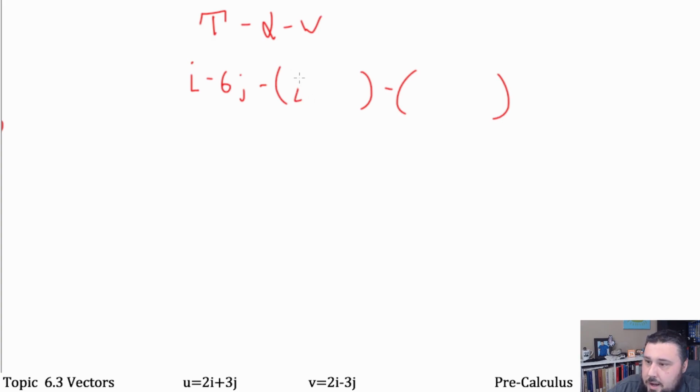This is going to be i plus 6j for alpha, yep. And w is negative i minus 6j. So here we have i minus 6j because there's nothing to do here. Distribute this as minus i minus 6j.